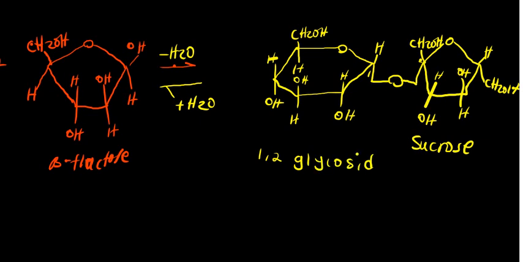When you add water, that is hydrolysis, and you come back to the monomer units. But when a water molecule is released when you join two monomers, that is what we call condensation. That means you now form the disaccharide.